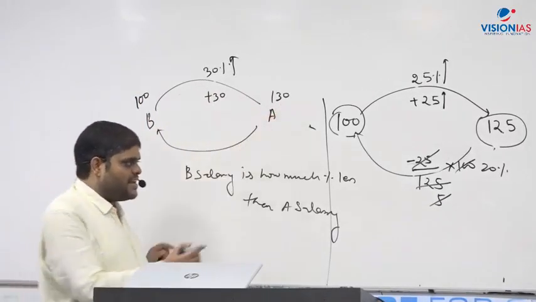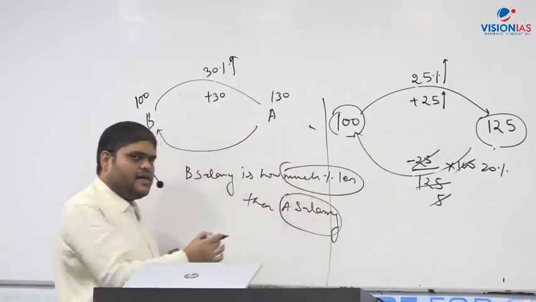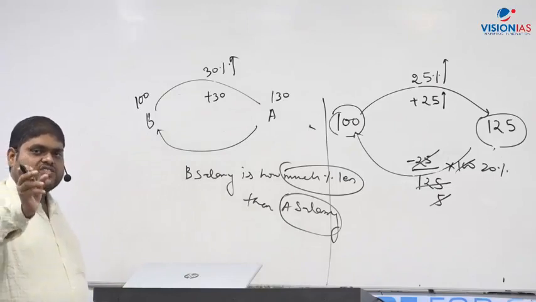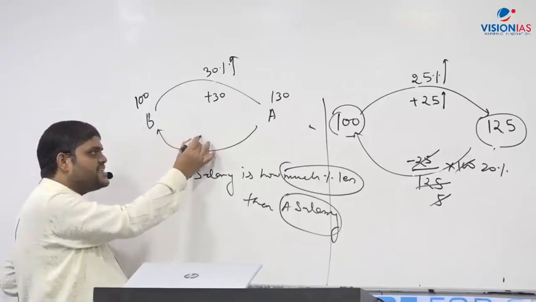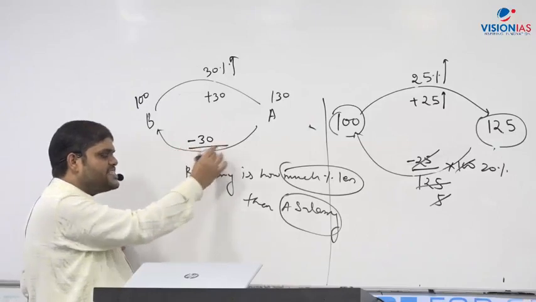So again the concept percent less, we need to find the percent of change. Percent of change is change upon initial value into 100. What is change? Change is minus 30. What is the initial value?